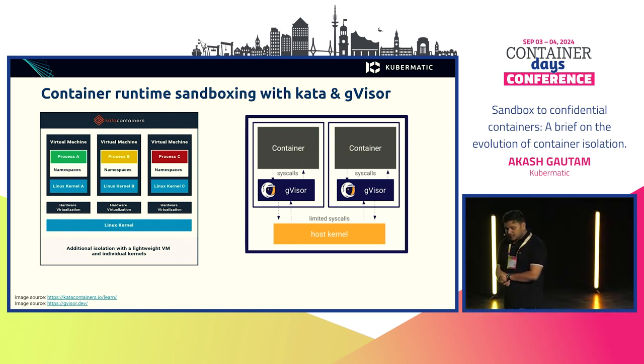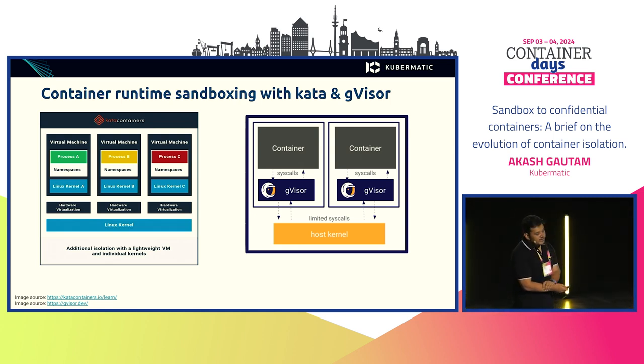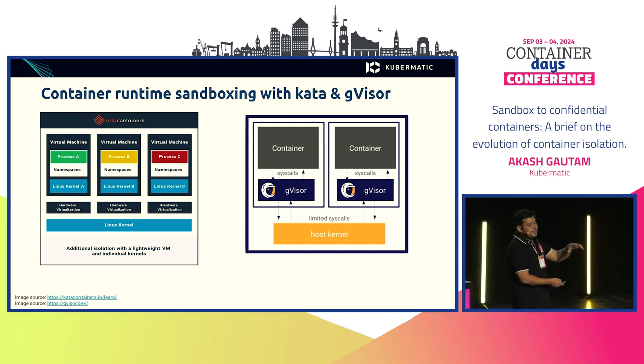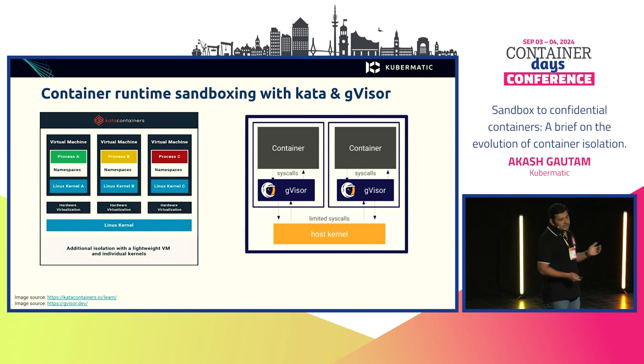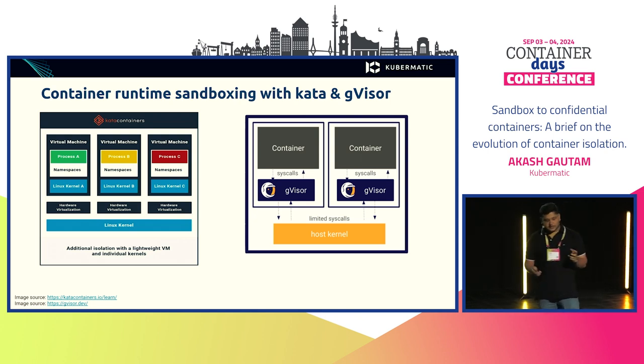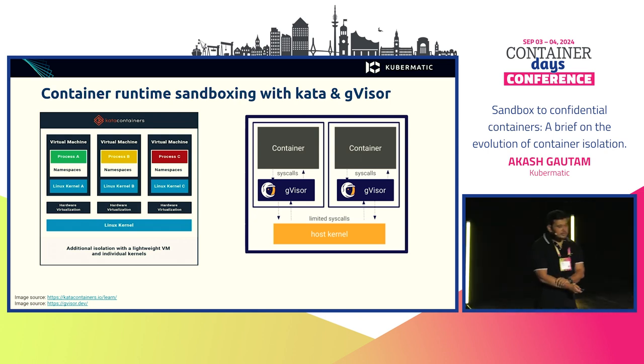Another tool in this space is gVisor. gVisor puts each pod in a sandbox that has a kernel running alongside the processes in the user space itself. gVisor is written in Go. It runs with the containers in the user space itself. They call it a user space kernel. It doesn't require any kind of virtualization, unlike Kata Containers.